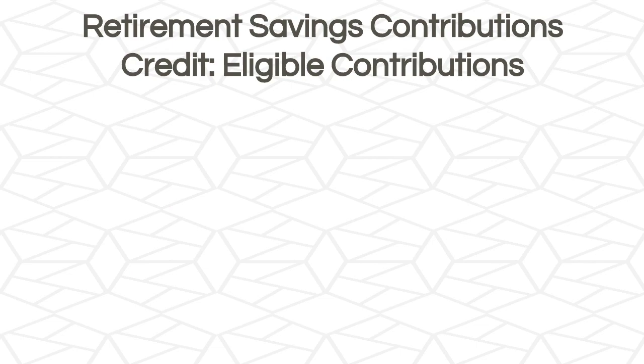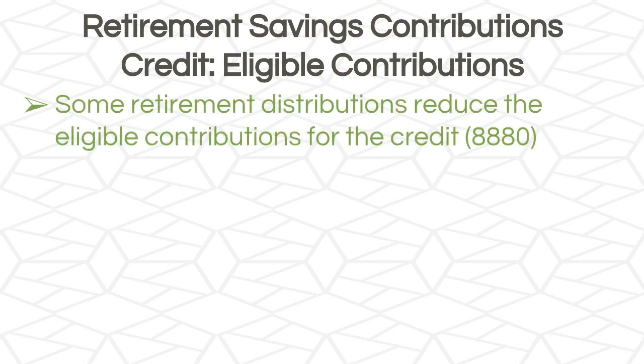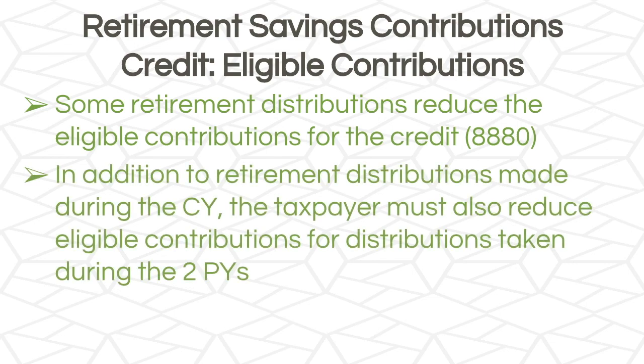So some retirement distributions will actually reduce the eligible contributions for this credit, and that will take place on Form 8880. In addition to retirement distributions that are made during the current year, the taxpayer must also reduce eligible contributions for distributions that were taken in the 2 prior years.